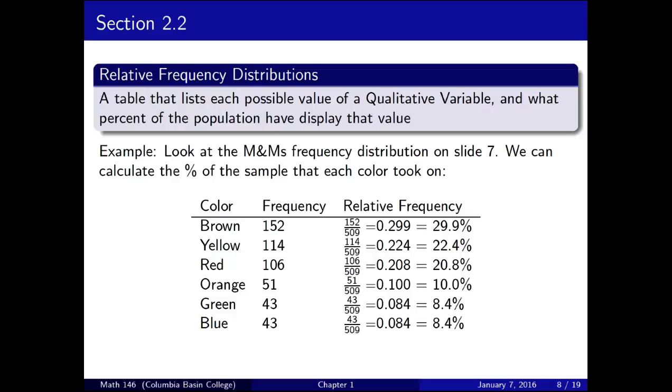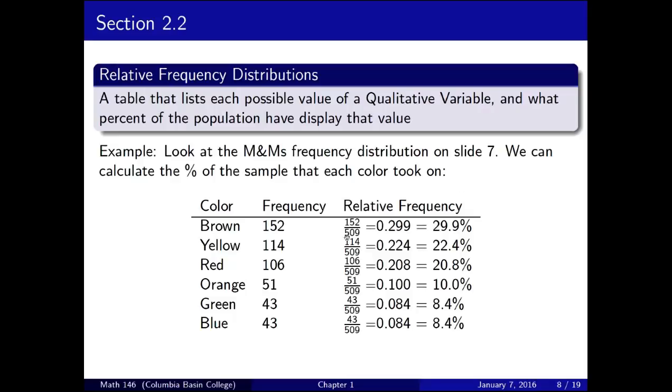The first 2 columns, the color and the frequency, are just copied over from the previous frequency distribution. If you add up the total number of M&Ms that were sampled, you're going to find that there were 509 M&Ms sampled. So if there are 152 brown M&Ms, what portion of the total 509 does that take up?